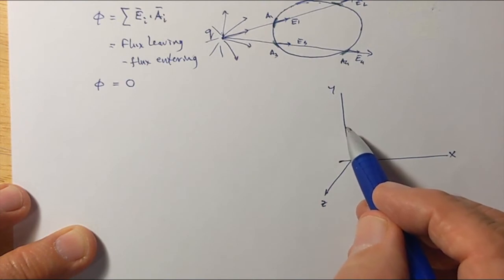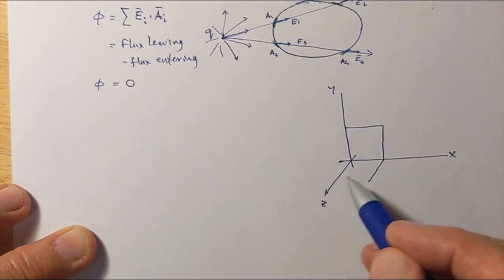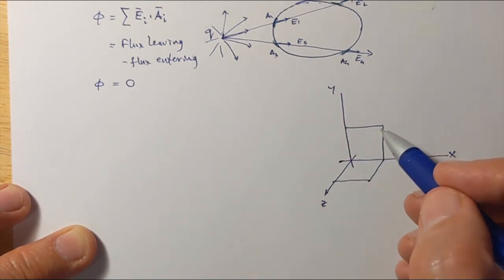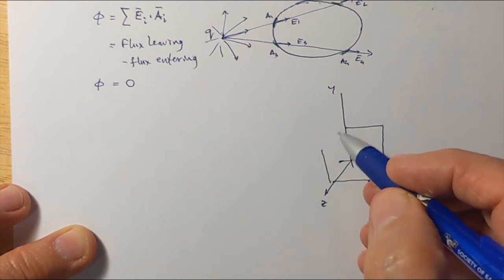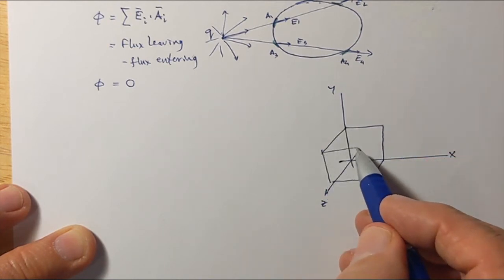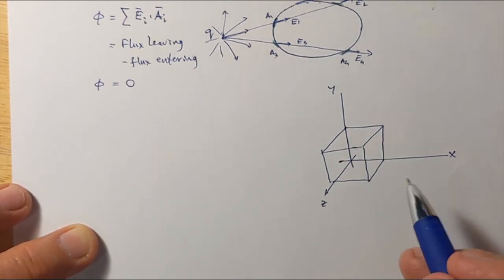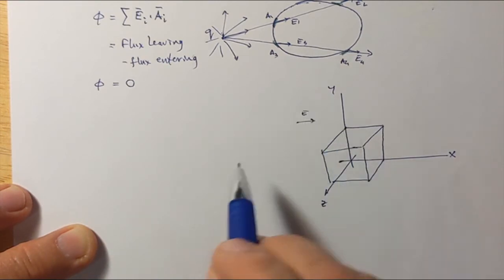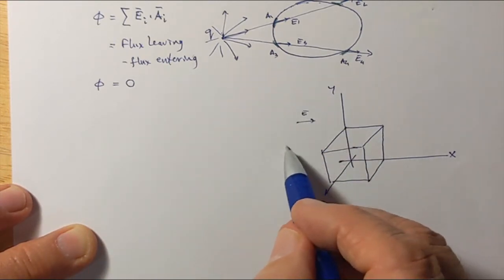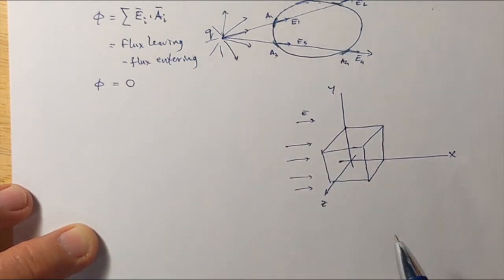We have a cubical volume, so that's going to be like this. And let's also assume that we have an electric field that's pointing straight in the positive x direction. So we have an electric field coming from here. Uniform electric field from the left going towards the right.